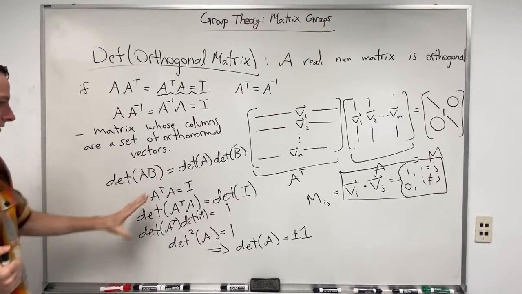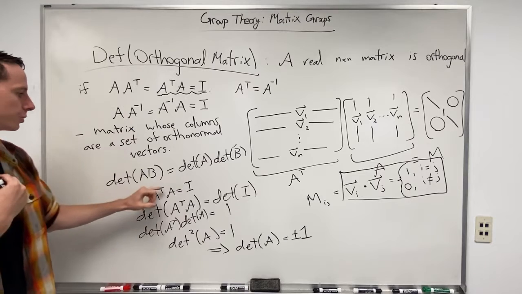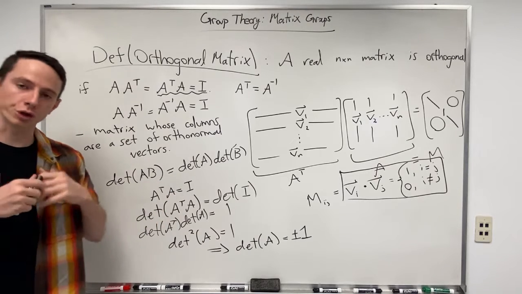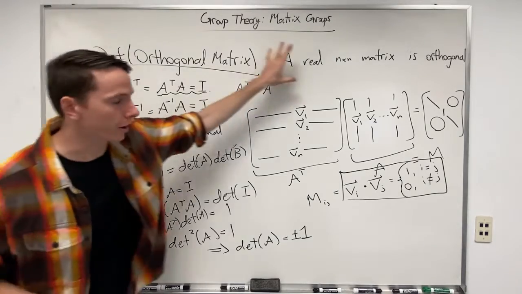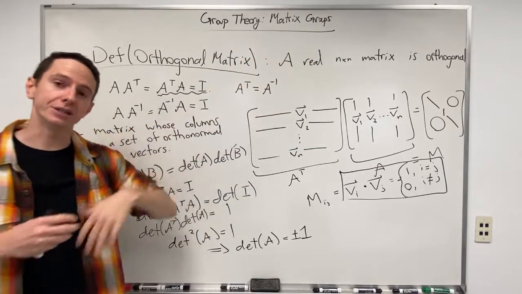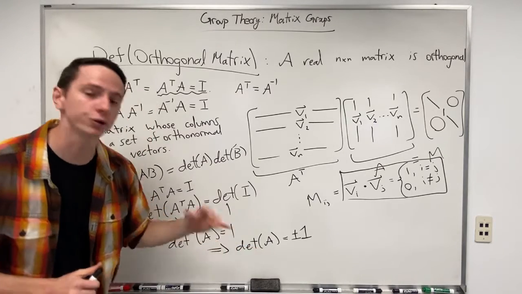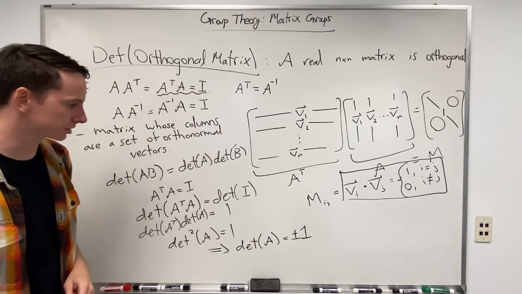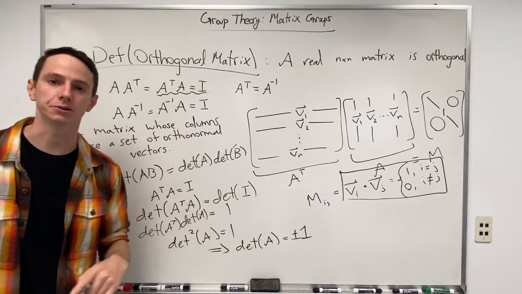All of this started with the condition that A transpose A equals I. So the overall statement is that an additional property of orthogonal matrices is that if you were to take the determinant of an orthogonal matrix, it will be either +1 or -1, one of those two values.